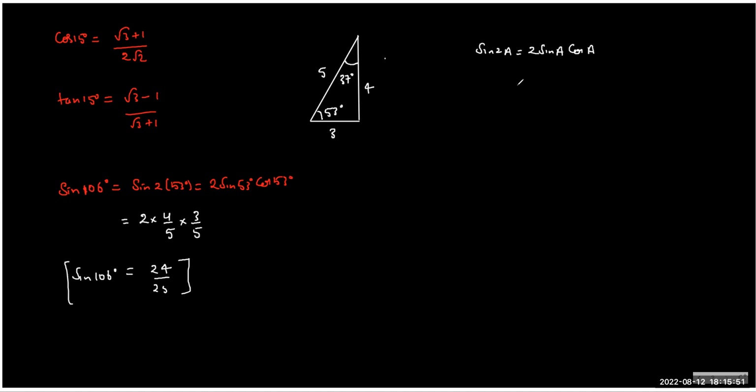So what is cos 2a? Cos square a minus sine square a. And this we can rewrite in multiple ways. We can write it as 2 cos square a minus 1 by converting sine square into 1 minus cos square. Or we can write this as 1 minus 2 sine square a. Very good.